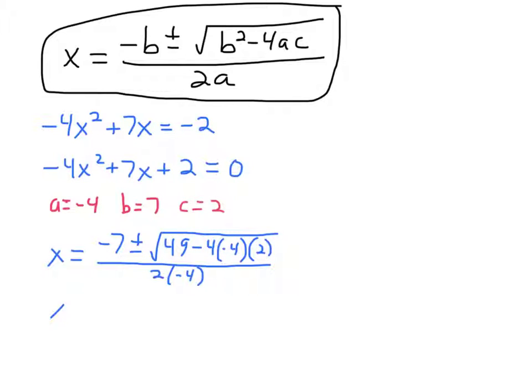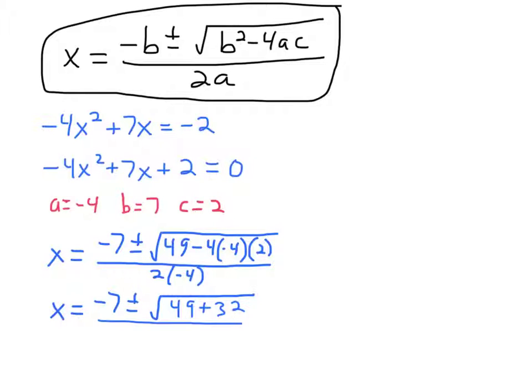So now we just want to simplify this down. We want to figure out what number do we really have under that square root. And be careful with your signs again. So when you do this multiplication, you really have negative 4 times another negative 4. That's a positive 16 times 2, so positive 32. So that's really 49 plus 32.